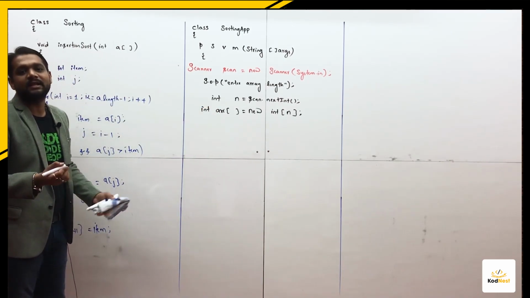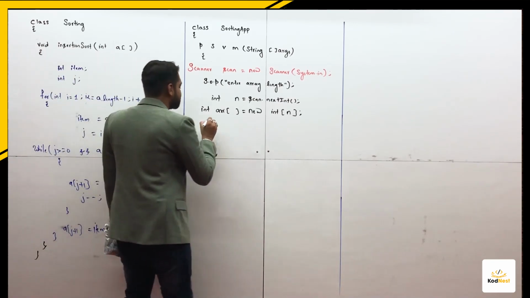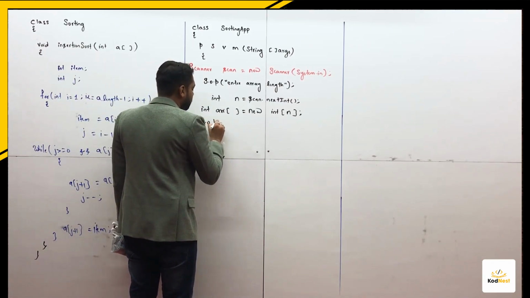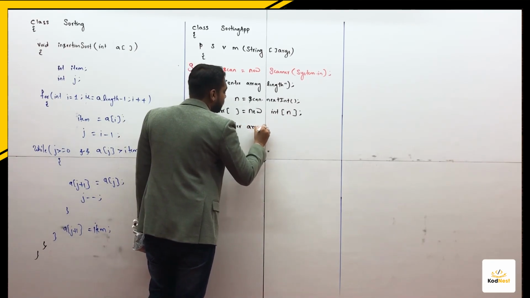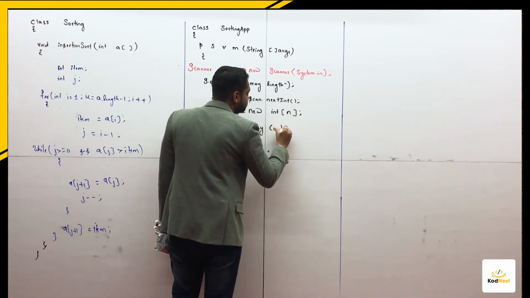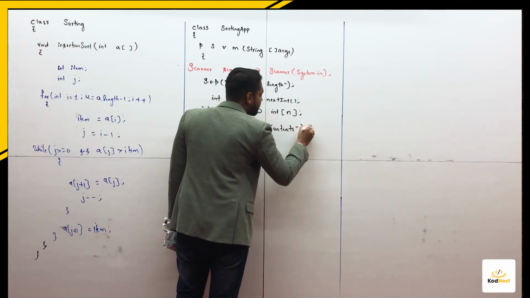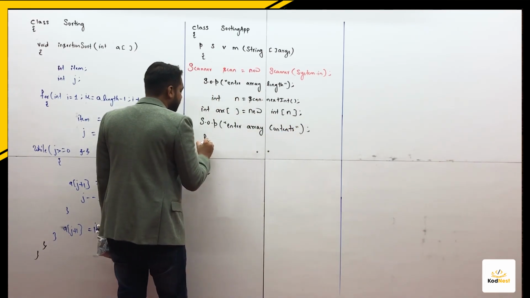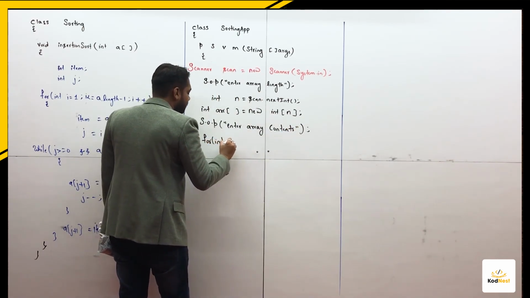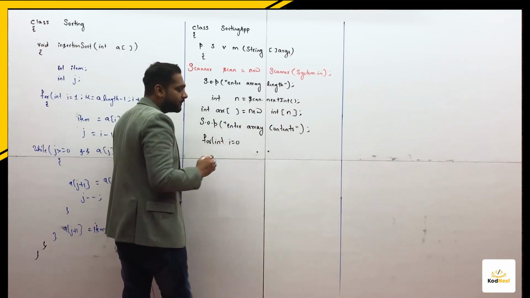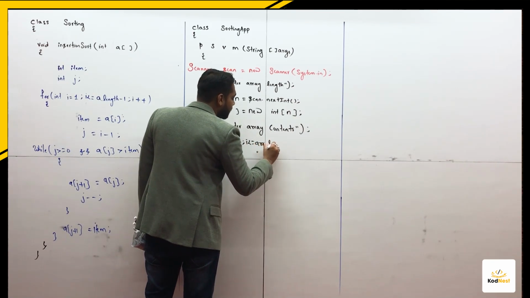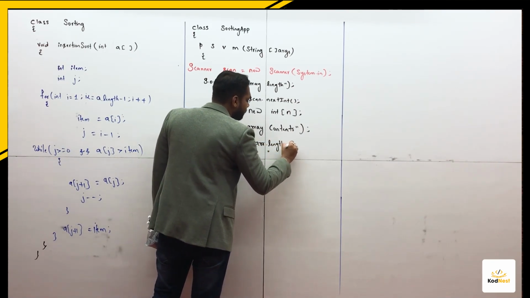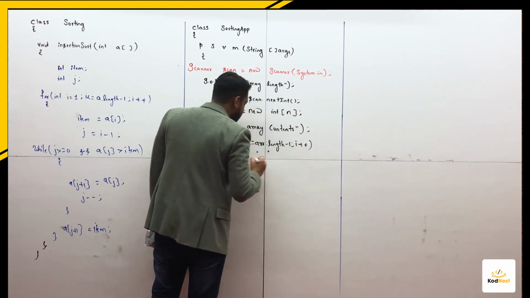Array is there, inside that elements are not there. So I would ask the user, System.out.println, enter array contents. By seeing this message, user will enter the array contents. I will collect it by telling start collecting the array contents from i equals 0, i less than or equals to array.length minus 1, i plus plus.